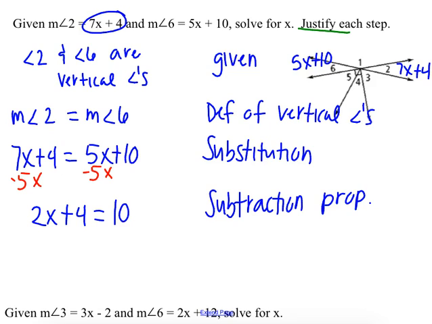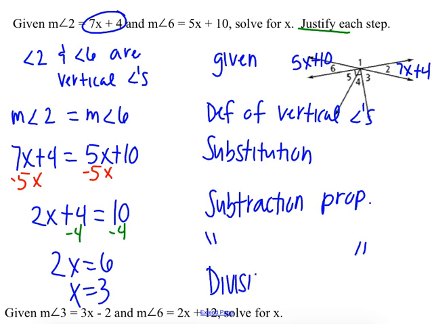And then my last step here is to get 2x by itself, so subtract 4, subtract 4. I'm going to get 2x equals 6. Again, that is subtraction property. You guys can write that in. And lastly, I'm going to divide by 2, so x equals 3. And that is the division property.